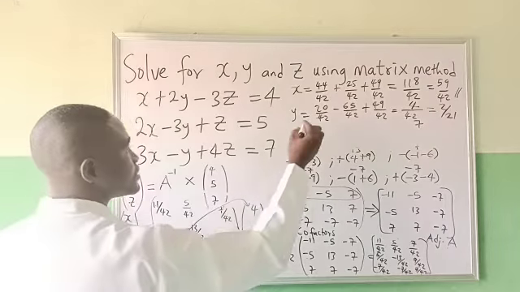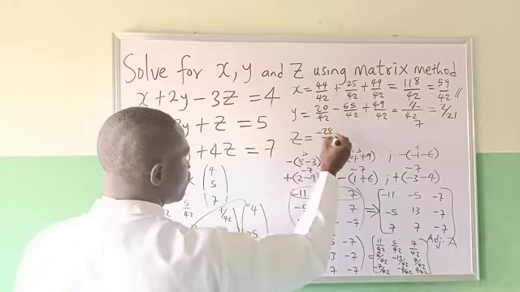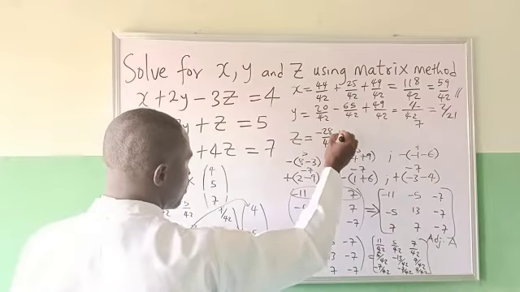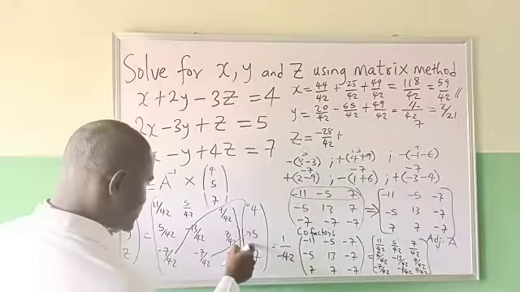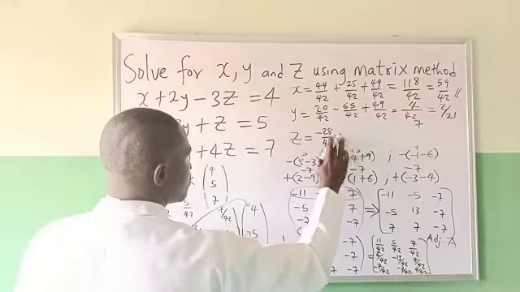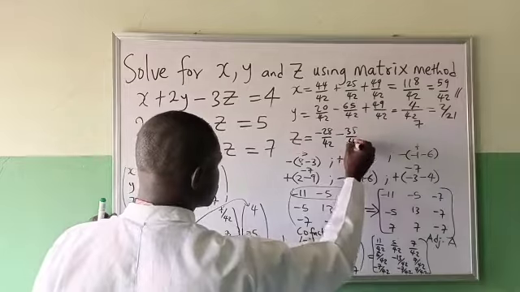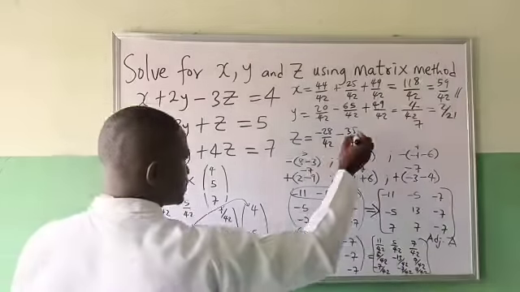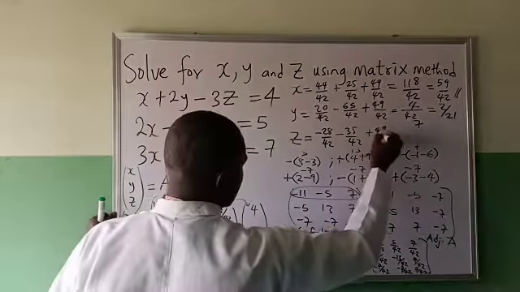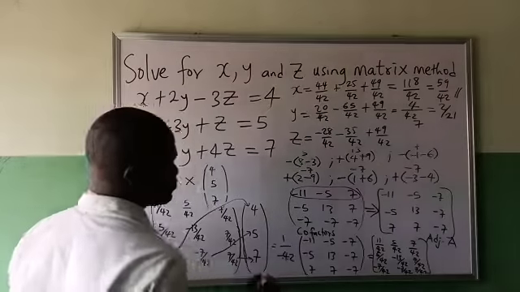This times is minus 28 over 42 plus this times is minus 35 over 42. This times is plus 49 over 42.